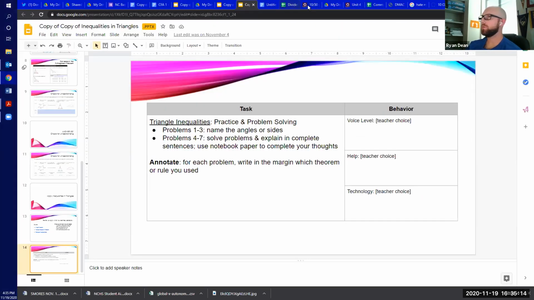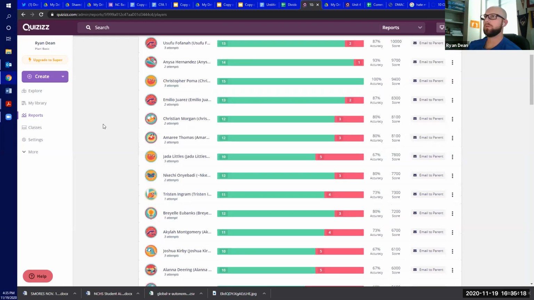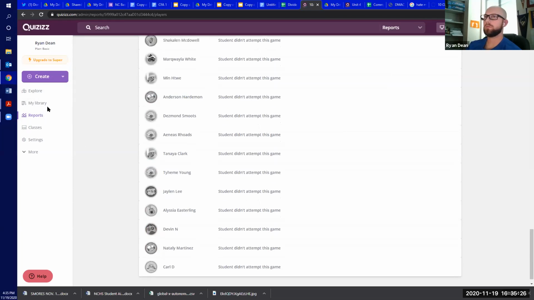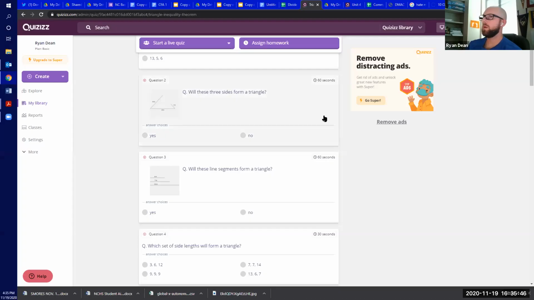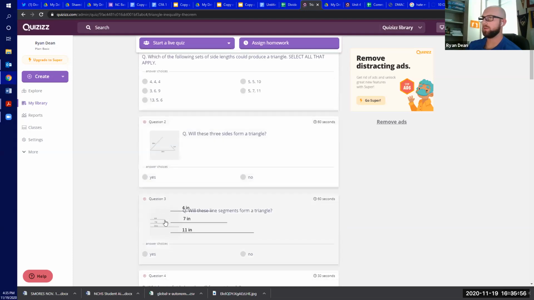Now, for our quizzes assignment on a specific one, we have a bunch of questions like this. Do the three side lengths produce a triangle? Will these three sides form a triangle? Will the line segments form a triangle?